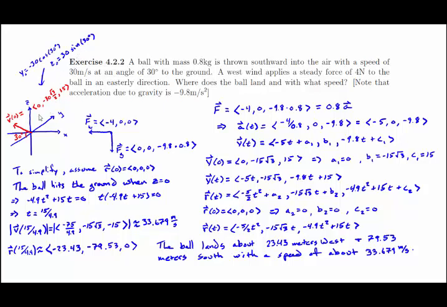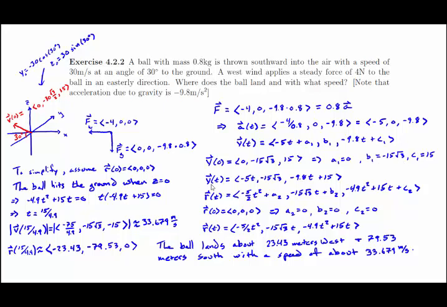Those simplify down to where the initial velocity vector is (0, -15√3, 15). When we set that up, v(0) = (0, -15√3, 15), so we get that a1 = 0, b1 = -15√3, and c1 = 15.